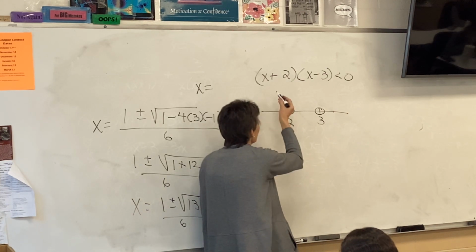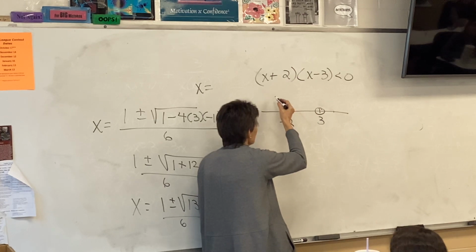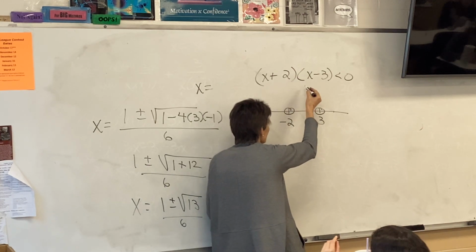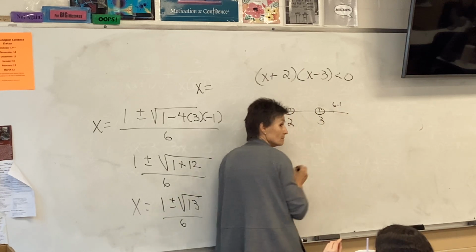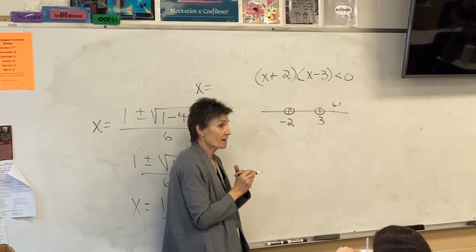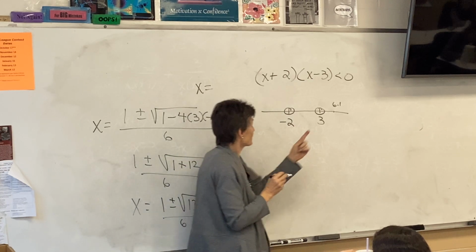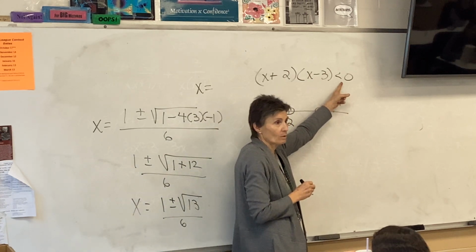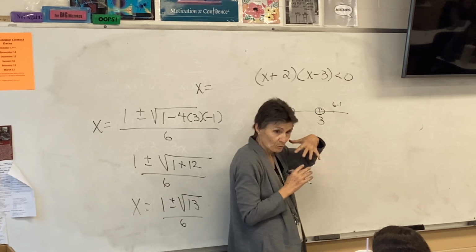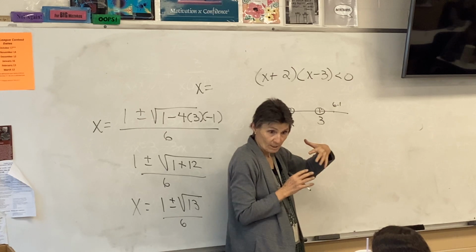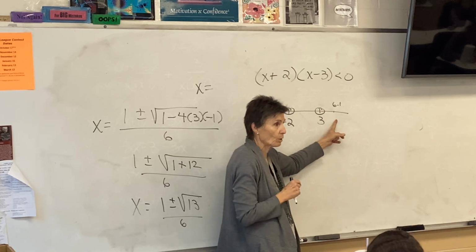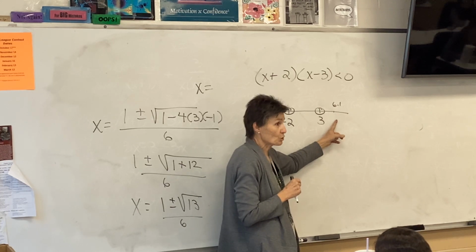And if I put 4 into my parentheses, I get 6 times 1. Well, 6 times 1 is 6. Is 6 less than 0? No. So what does that mean? I do not shade there. 4 didn't work, so I don't shade where 4 is.